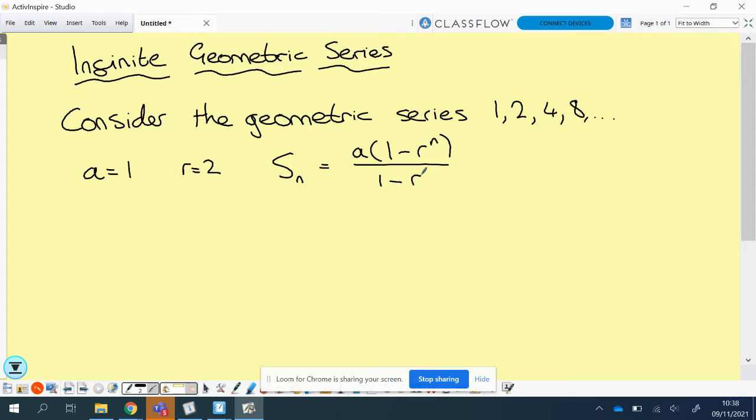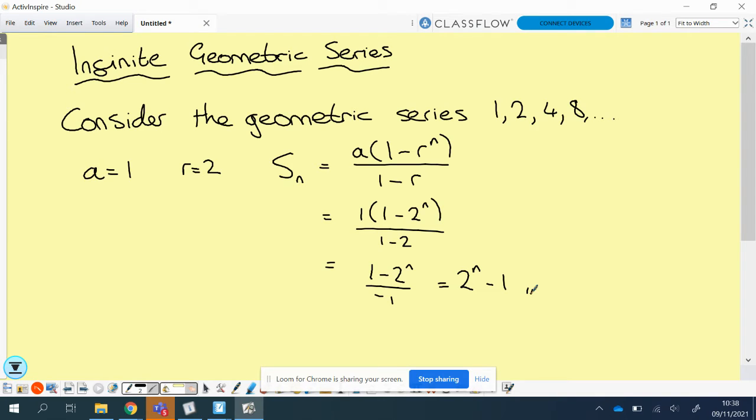Putting in our values, a is 1, so it's 1 minus 2 to the power n over 1 minus 2. So we'll have 1 minus 2 to the power n divided by negative 1, which means that it becomes 2 to the power n minus 1. So no matter what term we would want to sum this up to, we could evaluate it if we knew the number of terms.